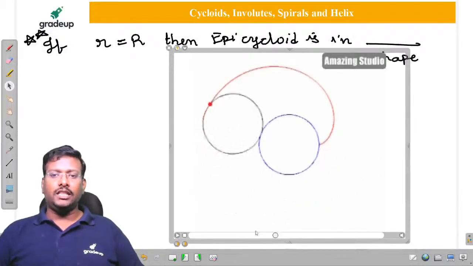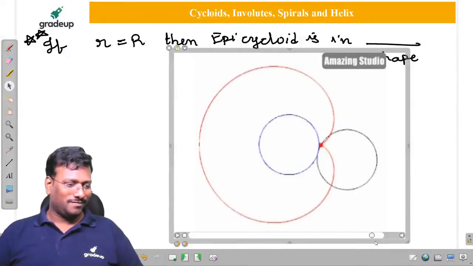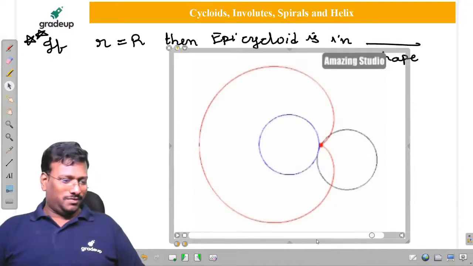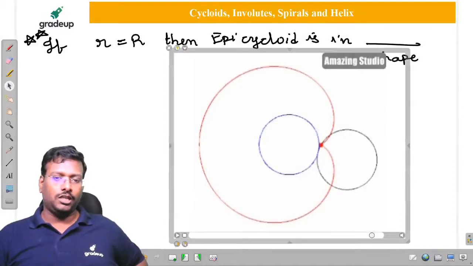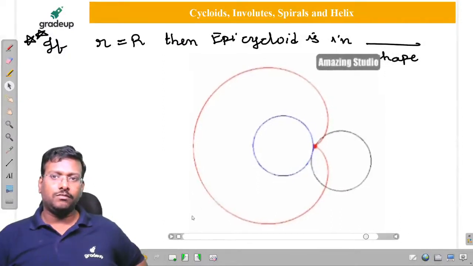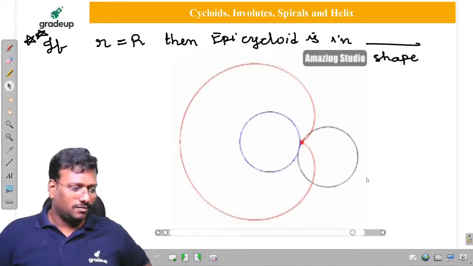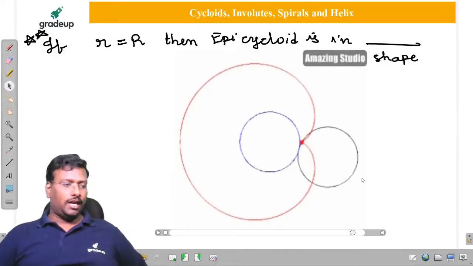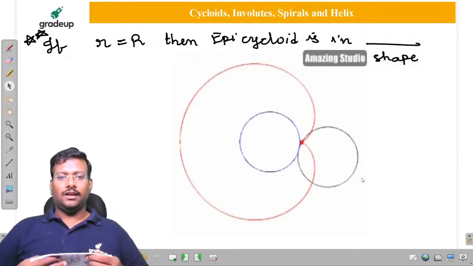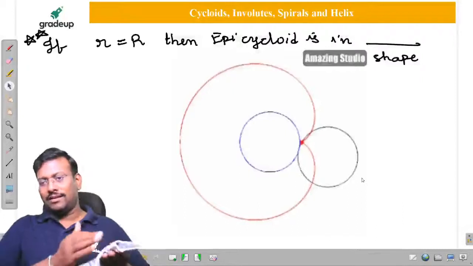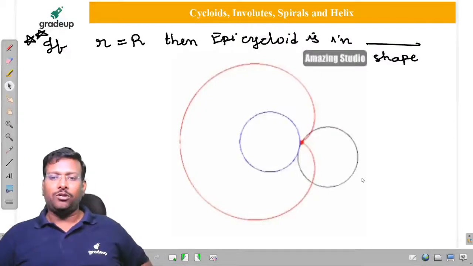How many people in this room drew this particular shape in your undergraduation? Twinkle, did you draw this particular curve? How many people here? Frankly tell me, because even this is one of my pet questions.